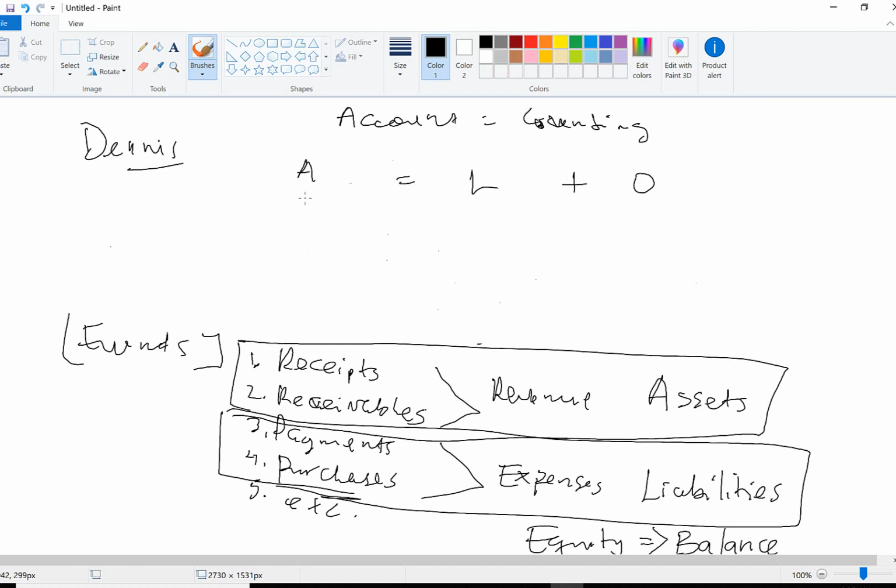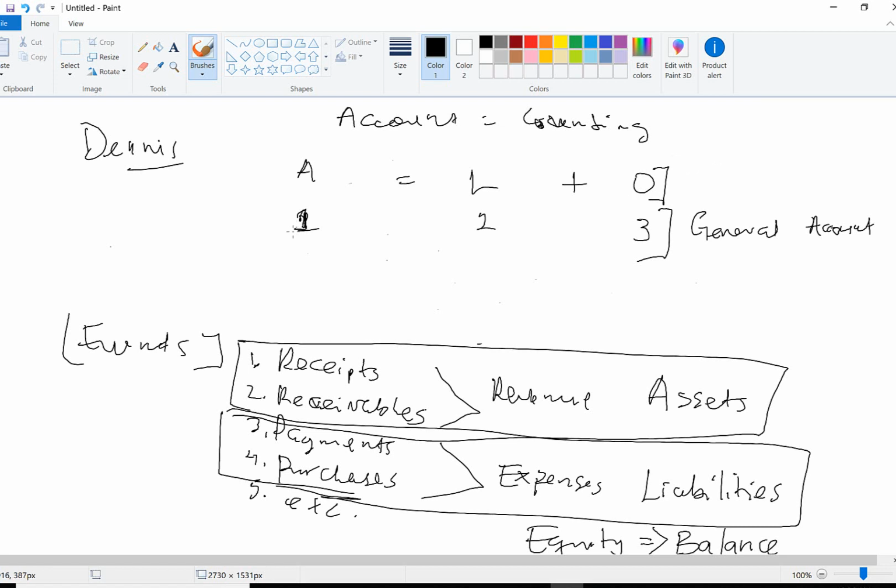So this is our account 1, account 2, account 3. So we will name this the general account. This is the general account.